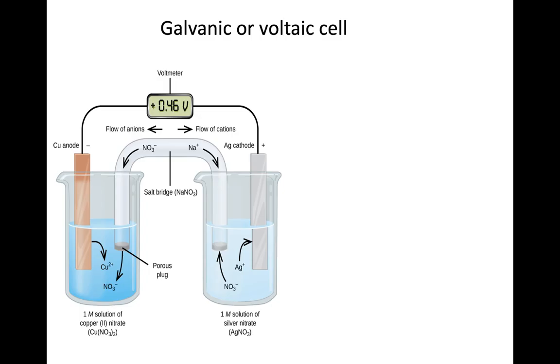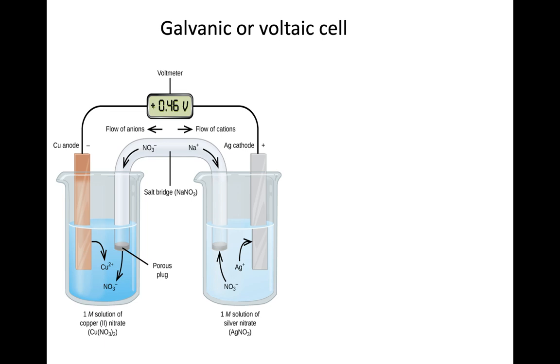So far when we're looking at all of our cells, we always have the whole picture, right? We can see what's in solution, we can see what the anode is, we can see what the cathode is, which metal, we can see that there is a salt bridge making an ion connection between the two, and we have a voltmeter.